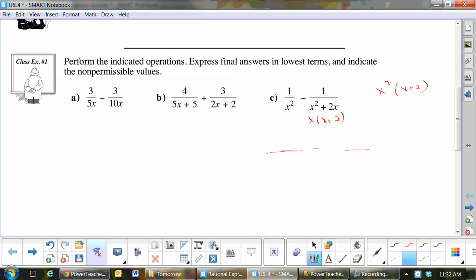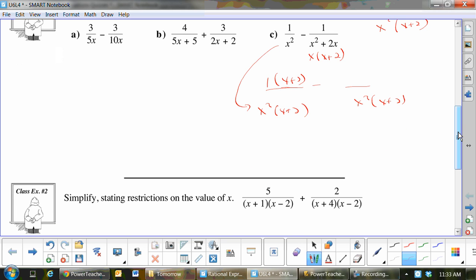Now, just work with me here. What can you do to x squared to get x squared times x plus 2? You multiplied by x plus 2. So I can do the same thing to the top, right? What do you have to multiply by x plus 2 to get x squared times x plus 2?